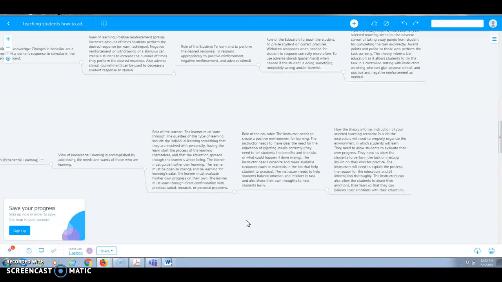And for the role of the educator, it's kind of opposite of some of what you would do if you were talking about behaviorism and Skinner, in that there would be a positive environment, right? That all-encompassing environment, and multiple opportunities available for students to practice, and to help students experience all the different ways to actually do this process.